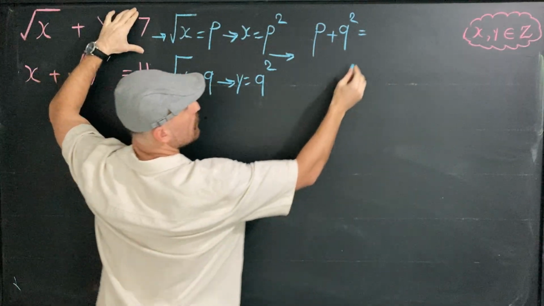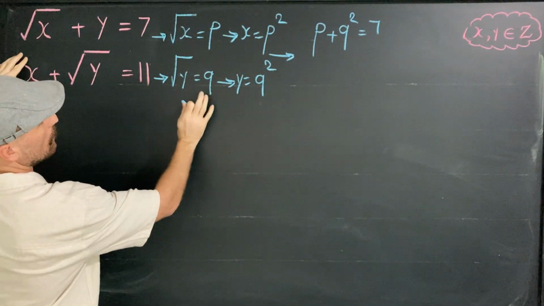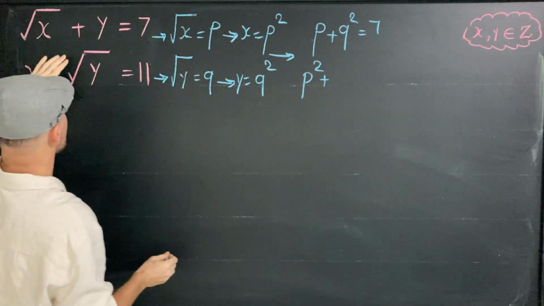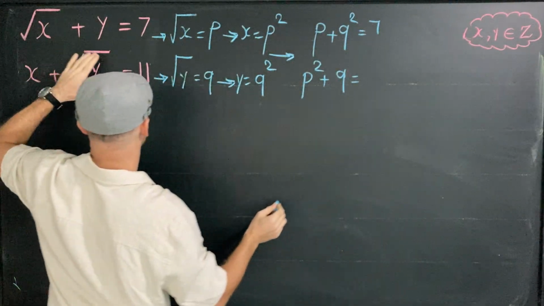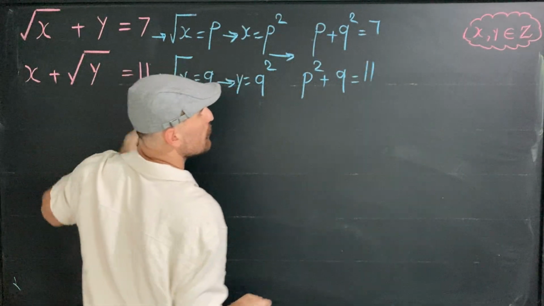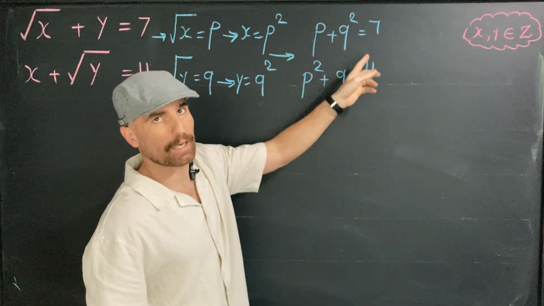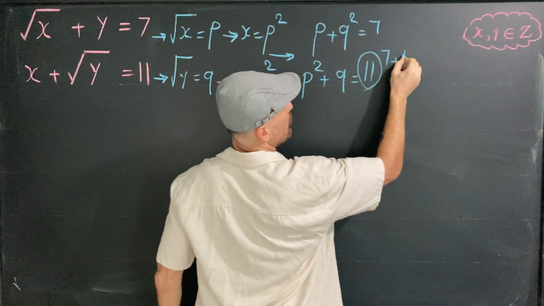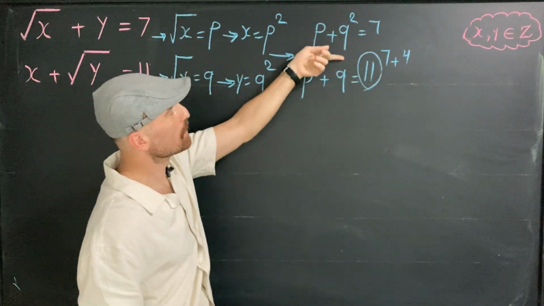equals 7. And equation number 2, which means x or p squared, plus the square root of y, which means q, equals 11. Now, let's rewrite this 11 as a sum of 7 and 4. This 7, exactly this 7, is equal to this expression.